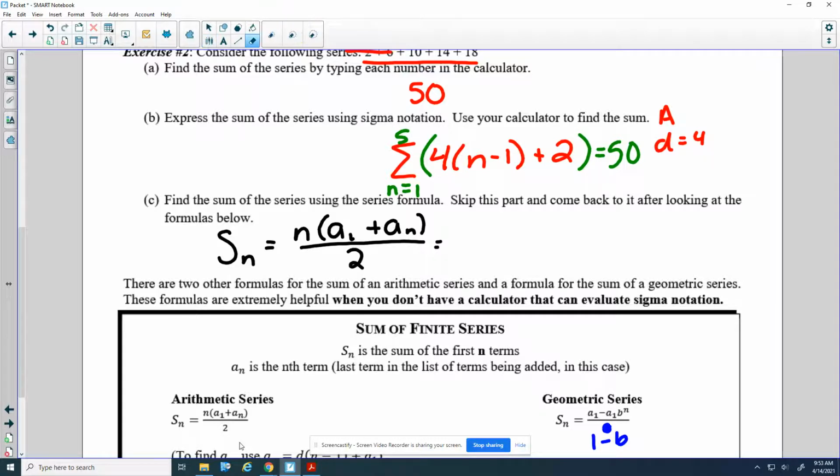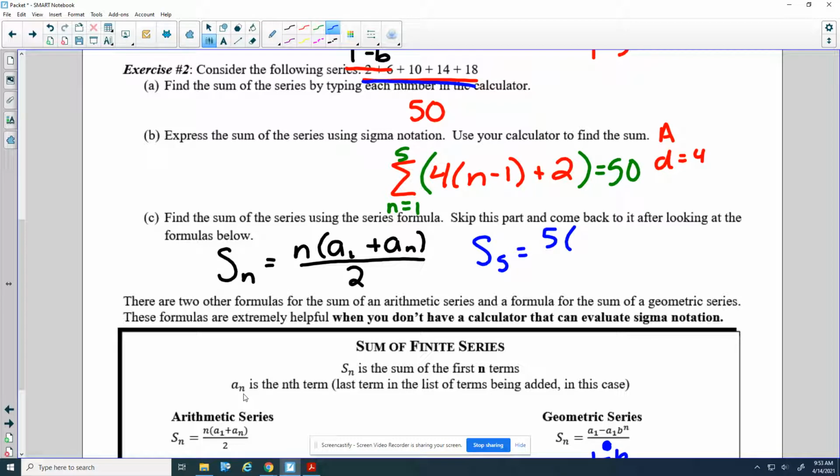So here, because there are 5 terms again in this sequence, we are also calling this S sub 5. So the n is 5, a sub 1, and let me just scroll up so we can see this a little better. A sub 1 is 2.